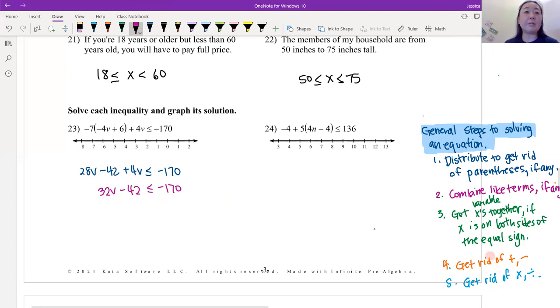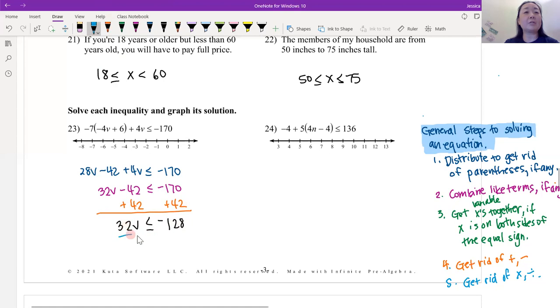Then it says get rid of the plus or minus. So let's add 42 on each side. And then we're going to get 32v is less than or equal to negative 128.